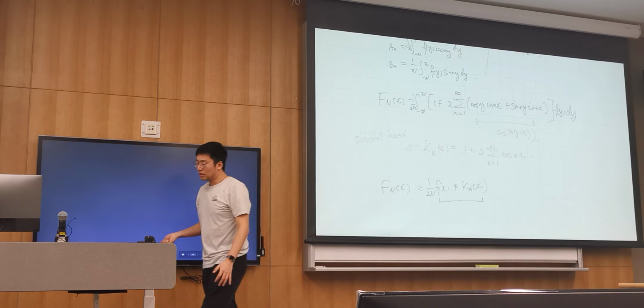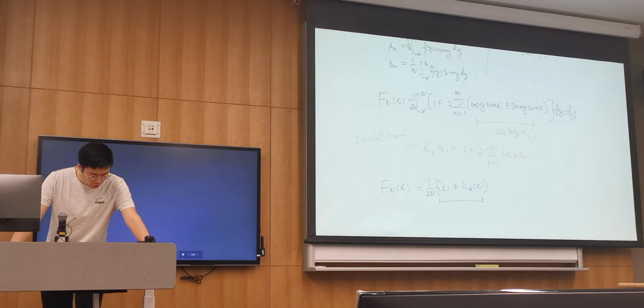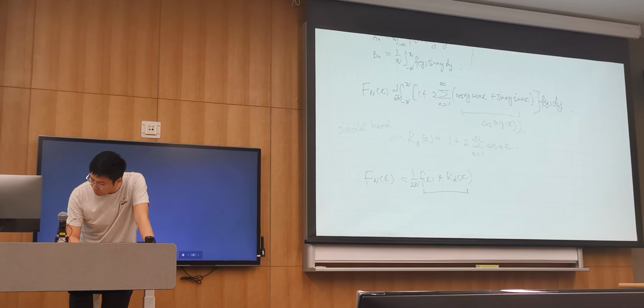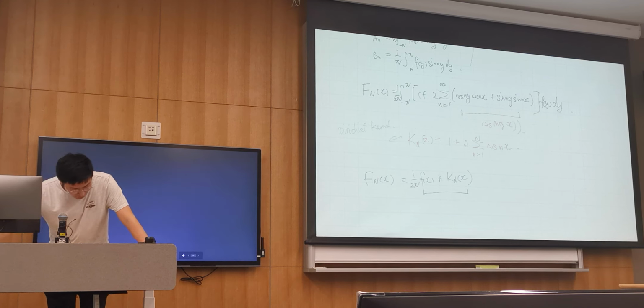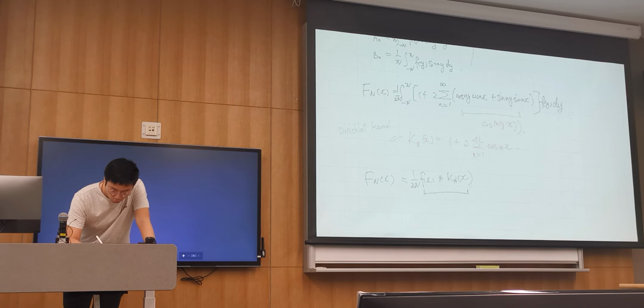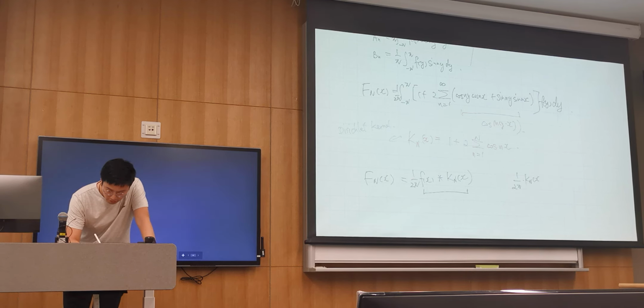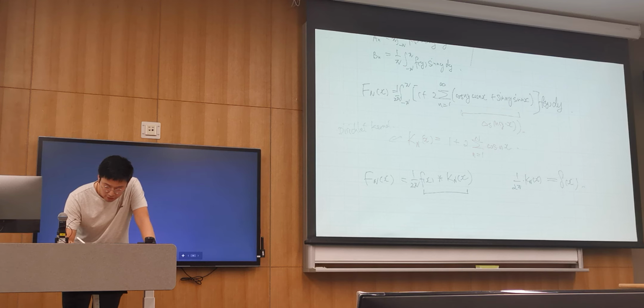And our goal was to prove that 1 over 2 pi multiplied by K_N(x) is essentially the delta function, delta x, defined on negative pi to pi.